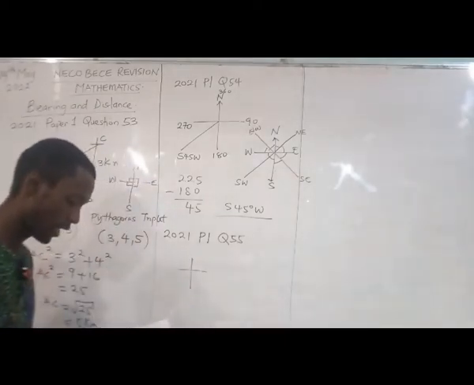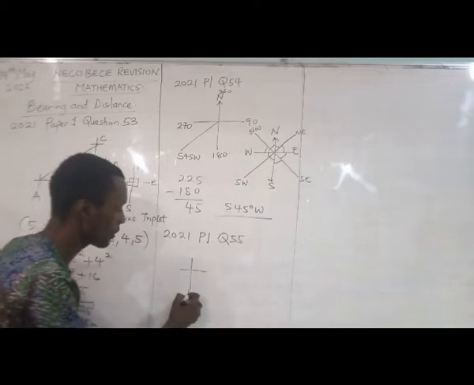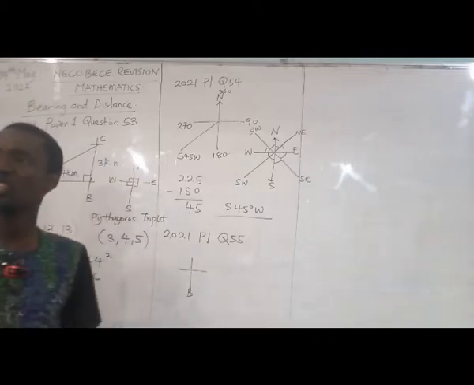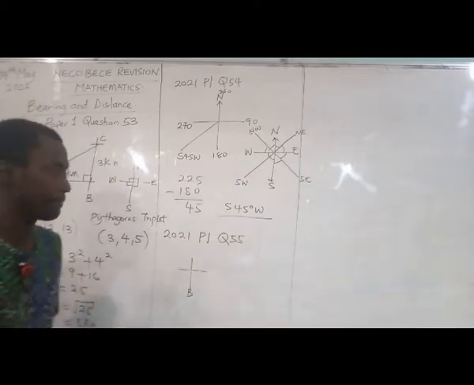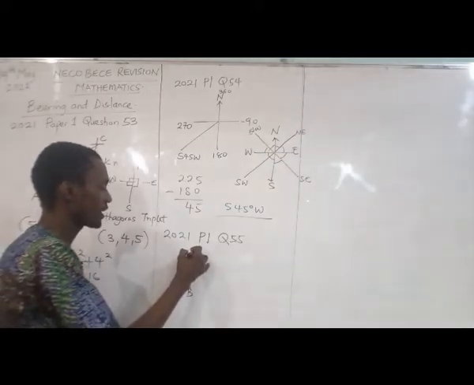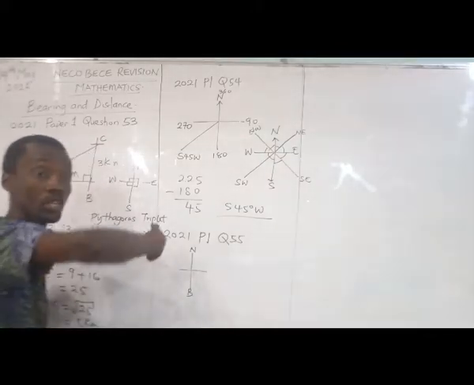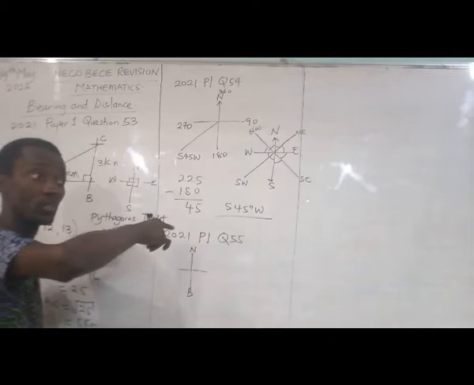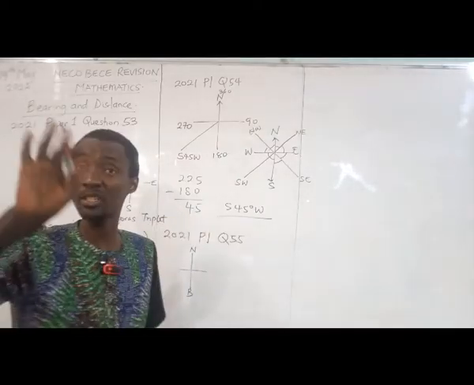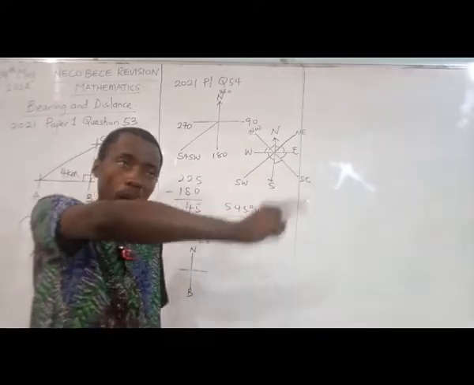The bearing of A from B. This point will now be B. Is what? 0, 6, 9. So it means that if this is in my local position, it's using 3 figure bearing. Anytime you see the angles given in 3 digits, it means it's using what? 3-figure bearing.